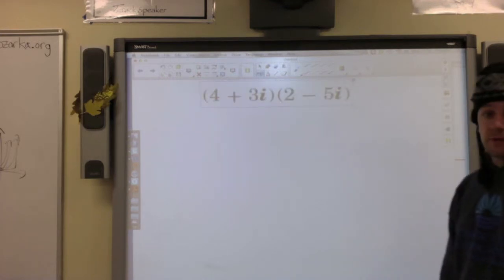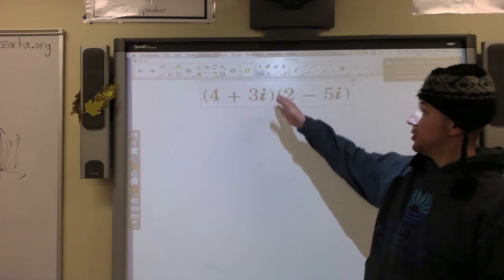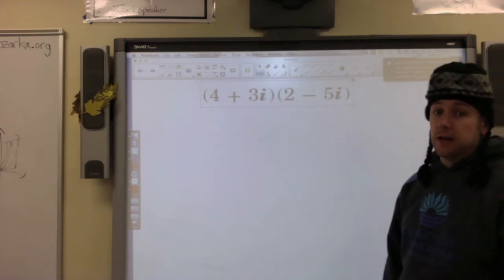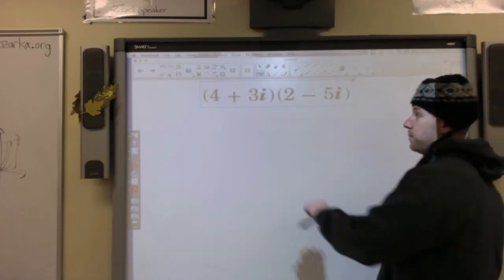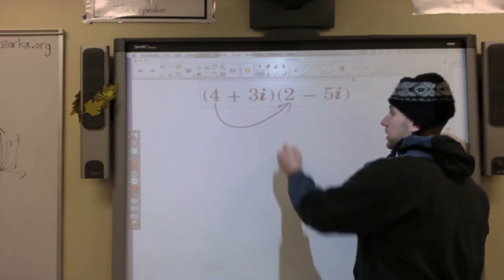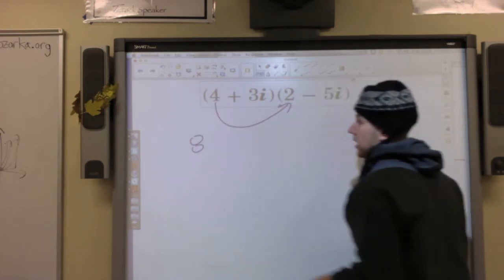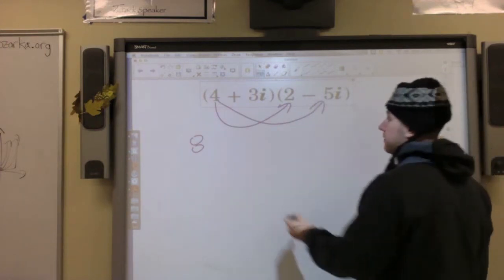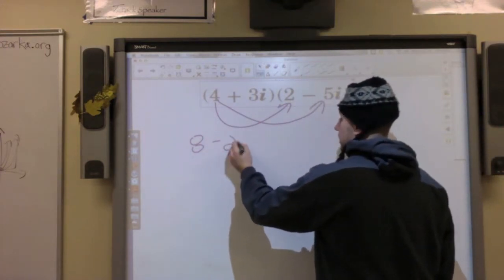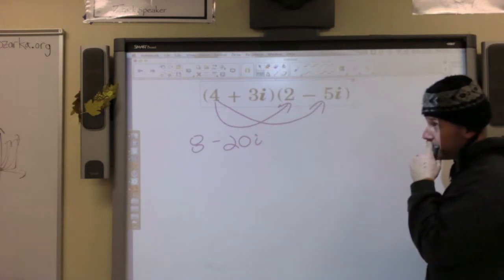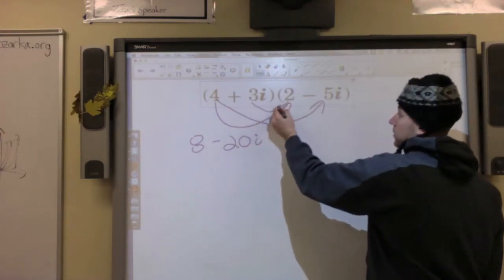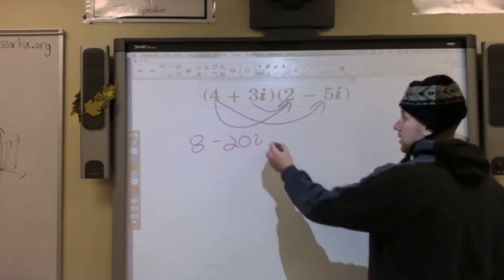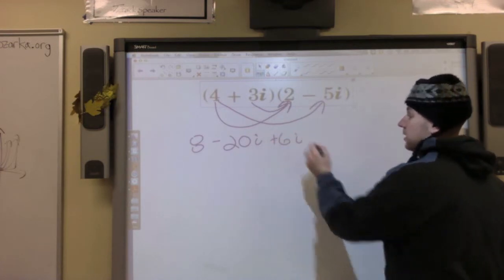And here I have to FOIL because there's no addition, there's no subtraction. So whenever I have that, I have to FOIL. 4 times 2 is 8. 4 times negative 5i is negative 20i. 3i times 2 is 6i.